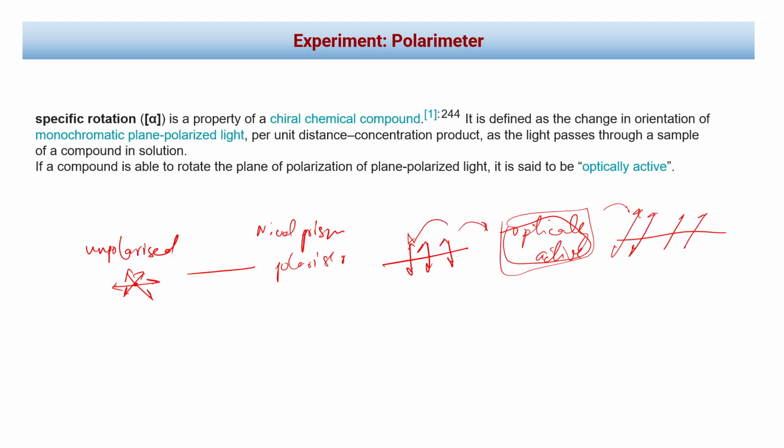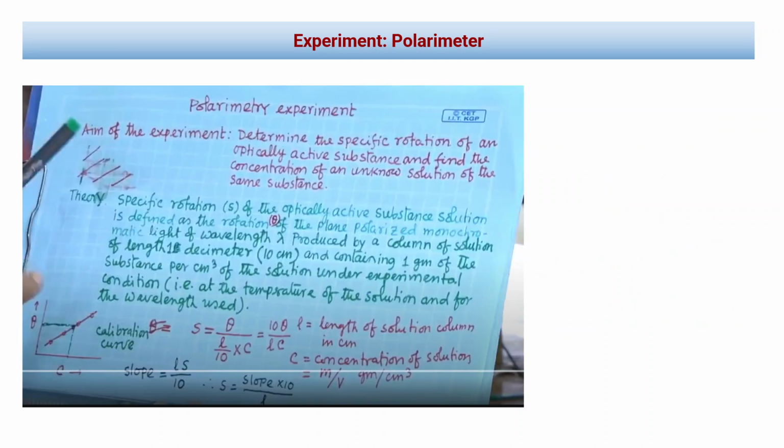Right now it has rotated to the right; if it had rotated to the left, it would be optically active but rotating towards the left. These materials are called optically active, and the instrument is called a polarimeter. This experiment was based on it.